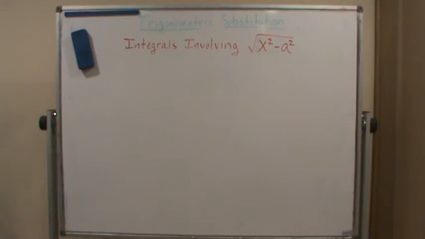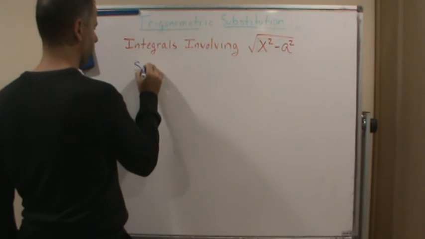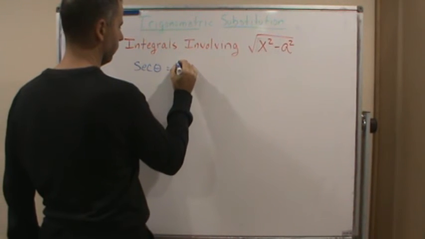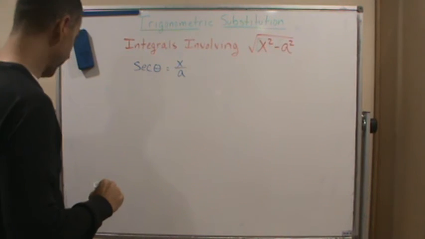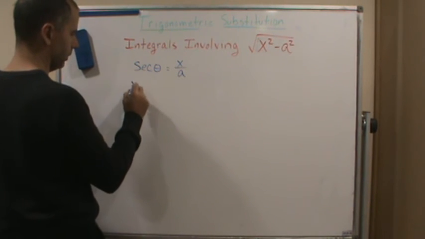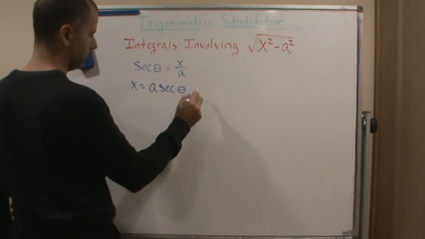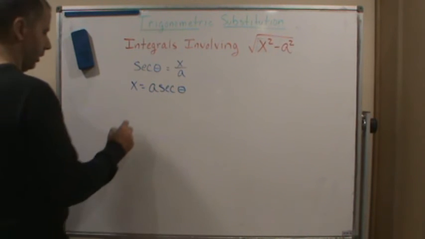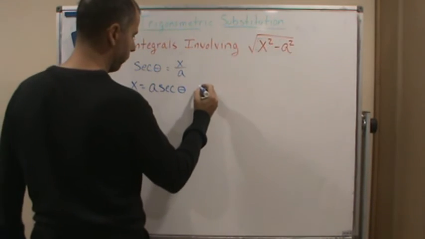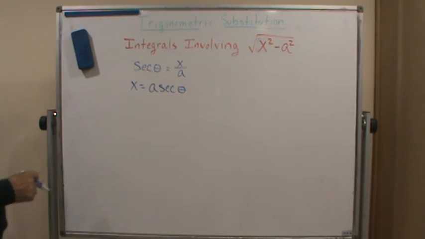We use secant theta equals x over a, or x equals a secant theta, and this is for the interval from 0 to pi over 2, or pi over 2 to pi.